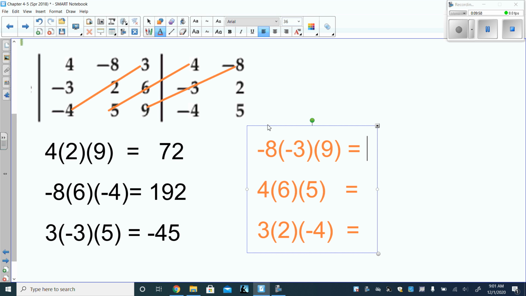So -8 times -3 times 9 would be 216. Our next one, 4 times 5 times 6, would give us 120. And lastly, 3 times 2 times -4 will give us -24.